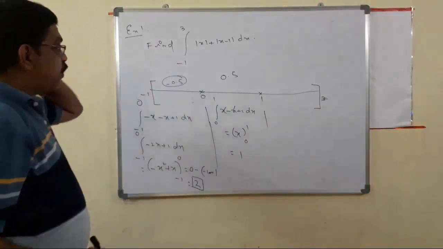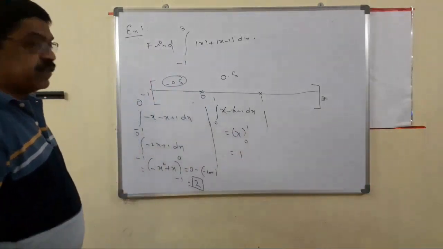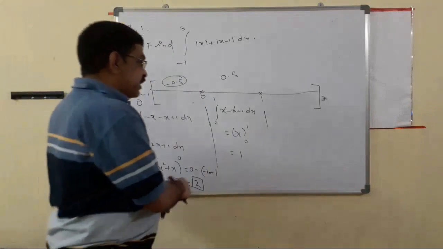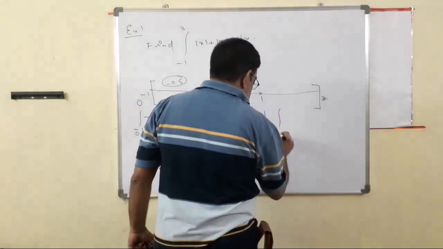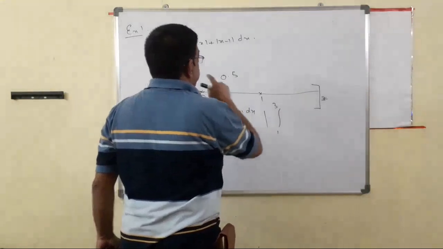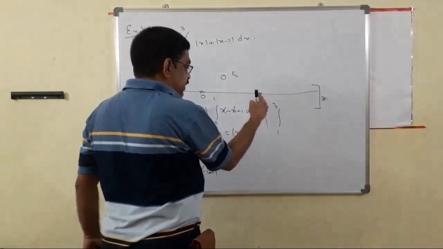And between 1 and 3, what happens? Strange thing will happen here. Both are positive: x is positive because it is between 1 and 3, and x minus 1 is also positive because x is bigger than 1.